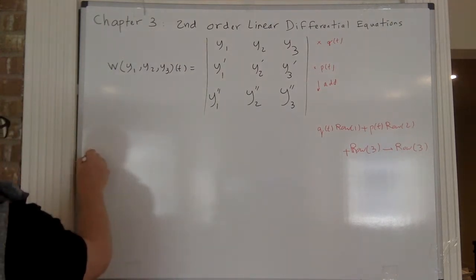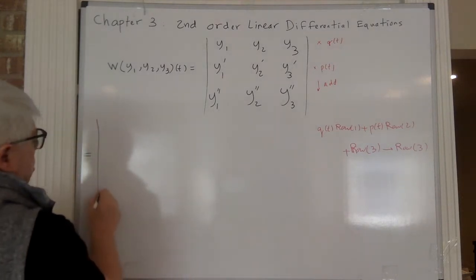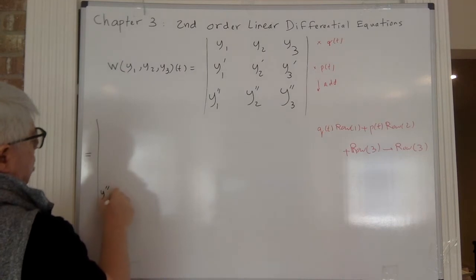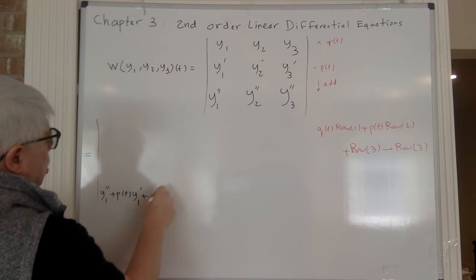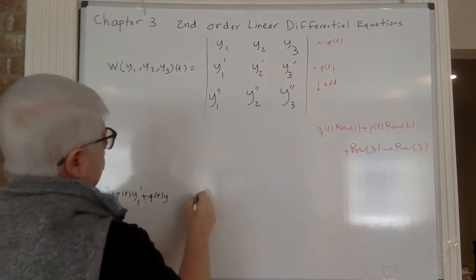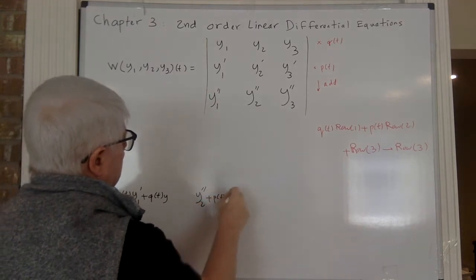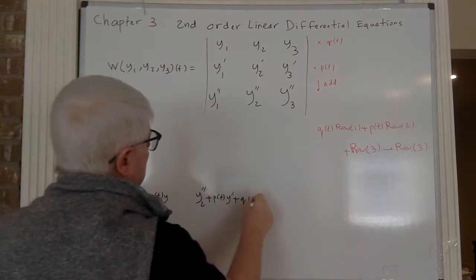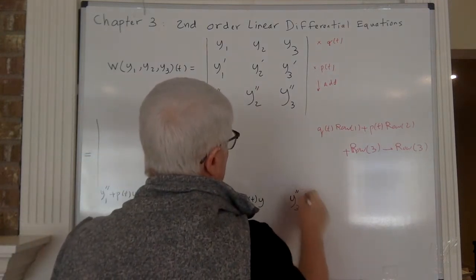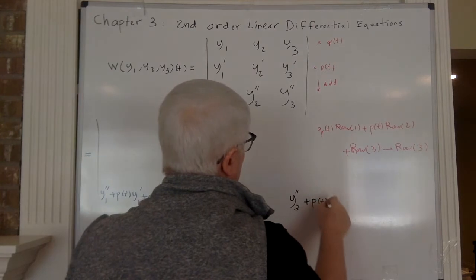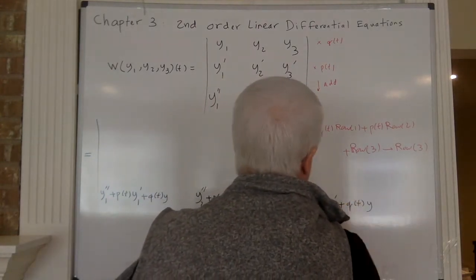Well, so that equals, let me write the third row first because that's long. So that is y1 double prime plus p(t) y1 prime plus q(t) y1. Then y2 double prime plus p(t) y2 prime plus q(t) y2. And the third one is y3 double prime plus p(t) y3 prime plus q(t) y3.